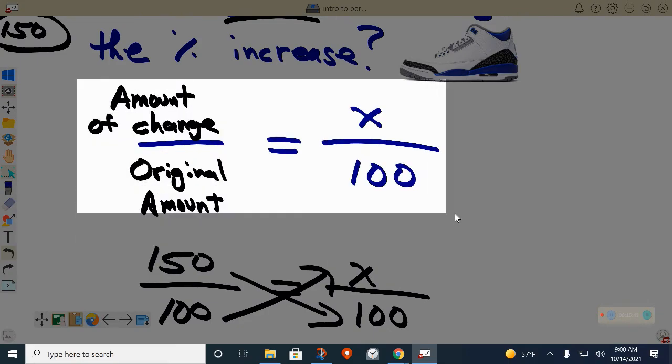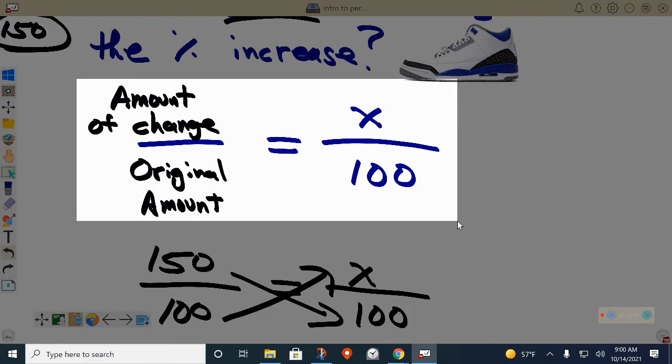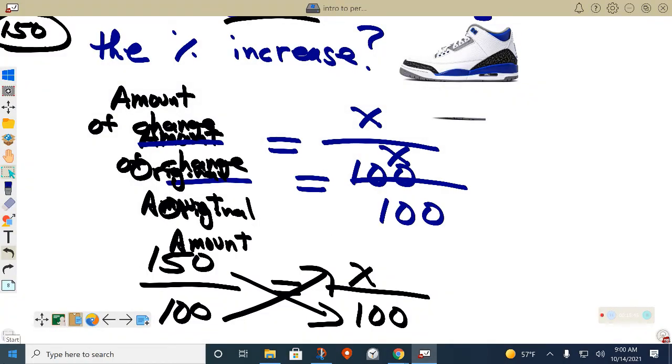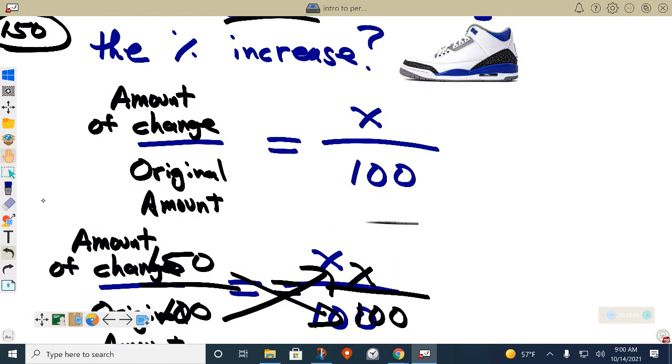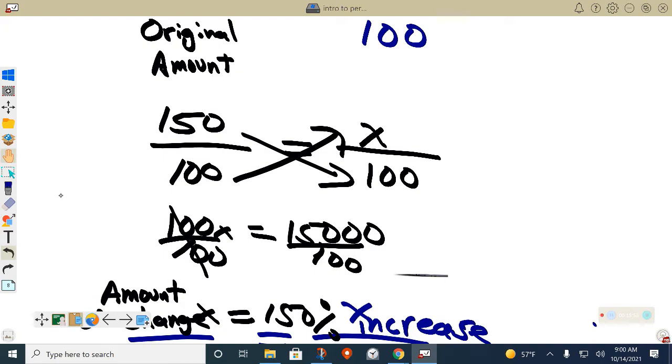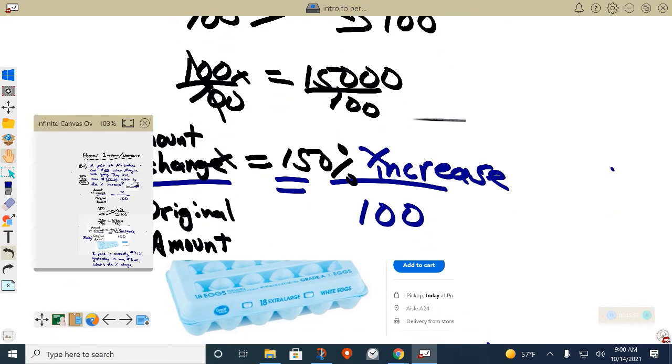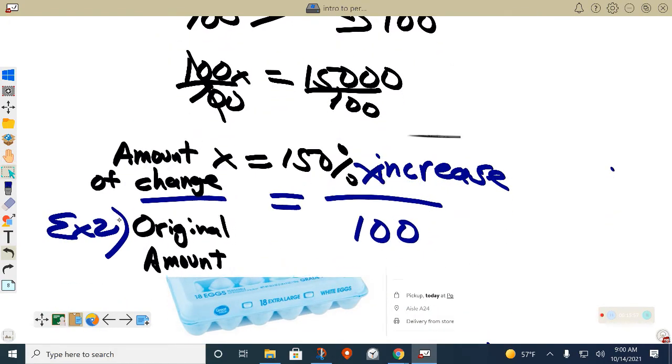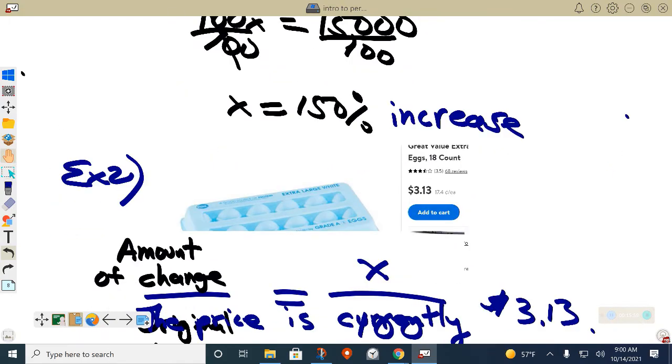If you're doing percent increase or decrease, you got to really pay attention to this right here. So let me bring that down. Some of you are messing up on this part. Watch me do it.